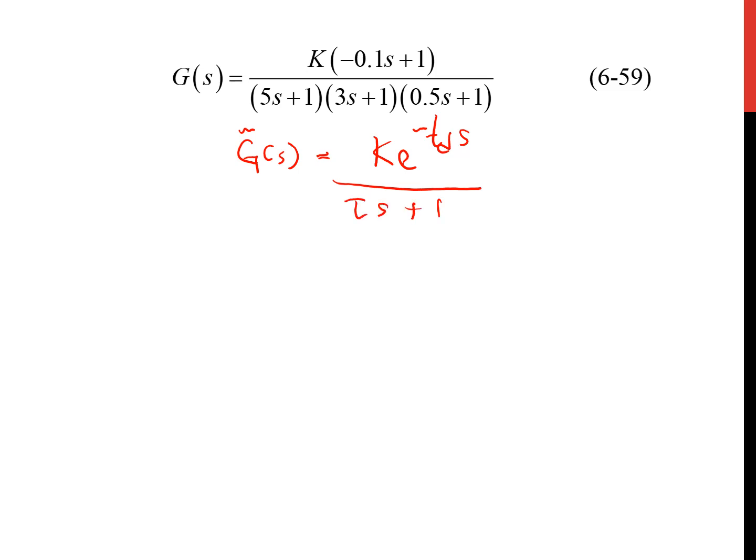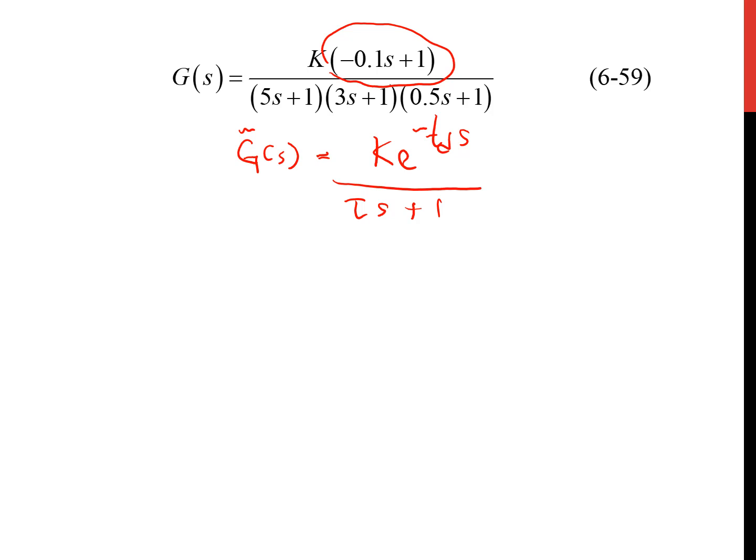So the K still remains the same, no problem. For the Skogestad half rule, the numerator is not applied, so we have to convert it using the Taylor series approximation.